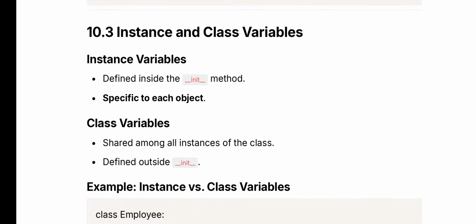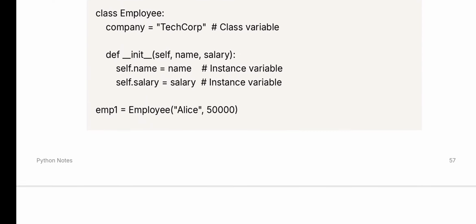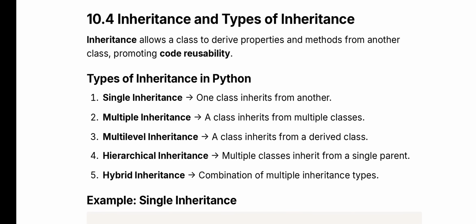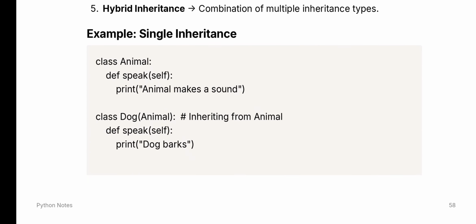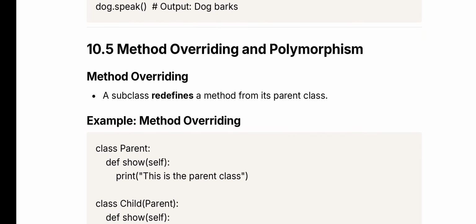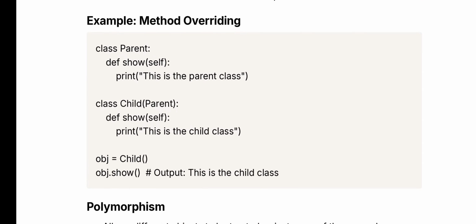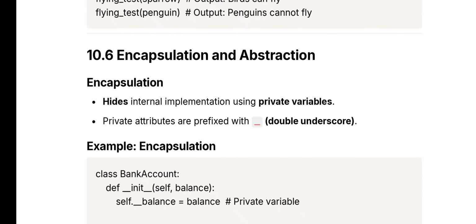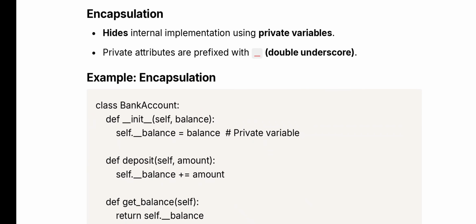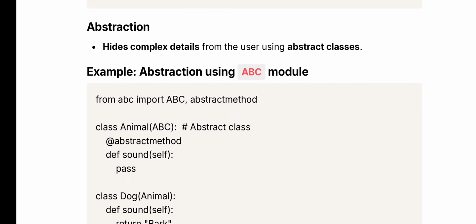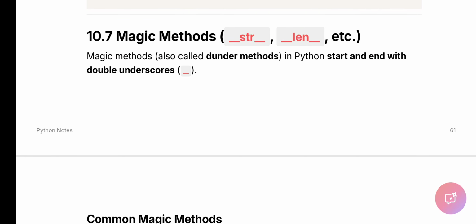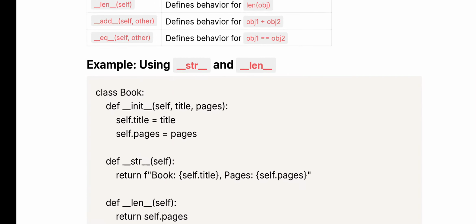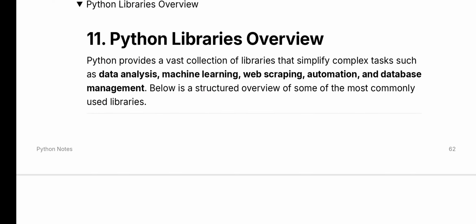Okay, and we have talked about the instance and class variables, and the inheritance and types of inheritance, and the method overriding and polymorphism, and the encapsulation and abstraction process, and then the magical methods, and we have talked about the Python libraries.